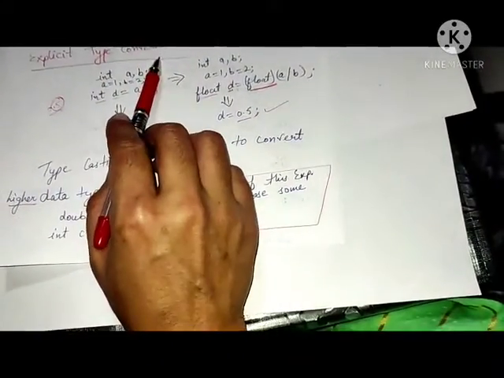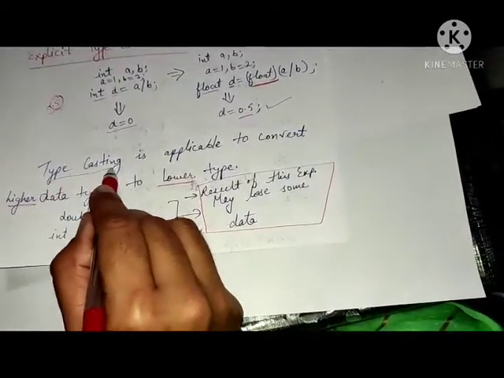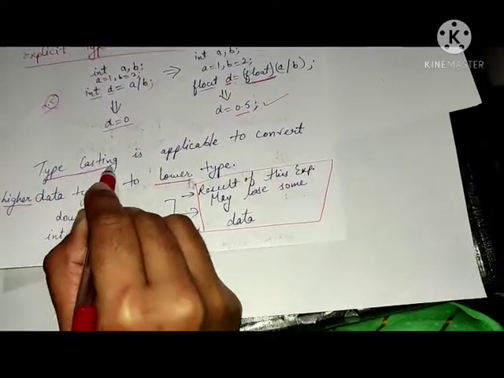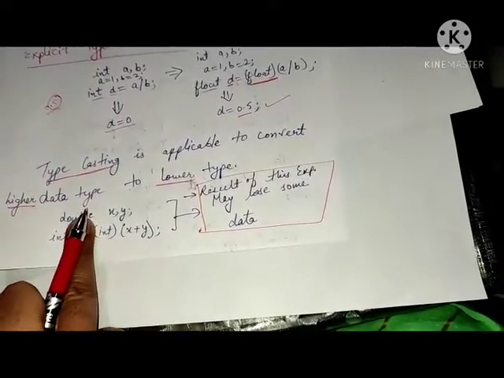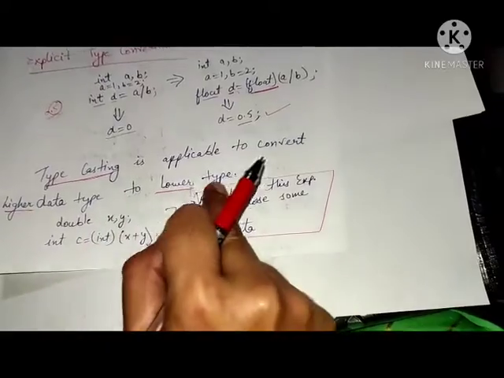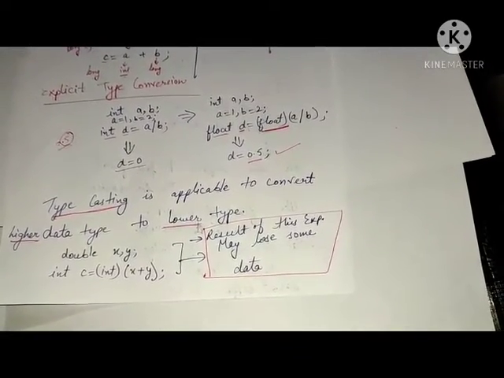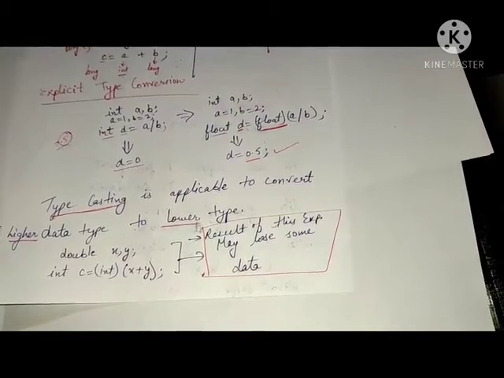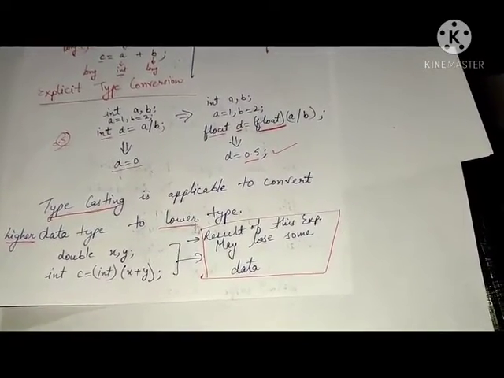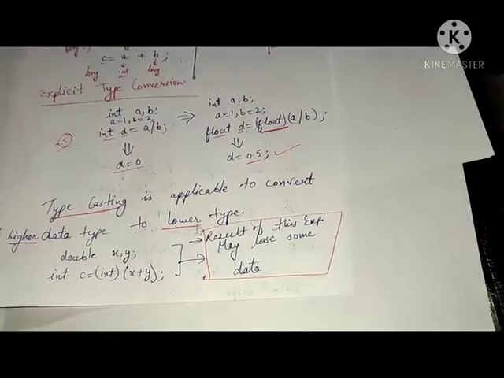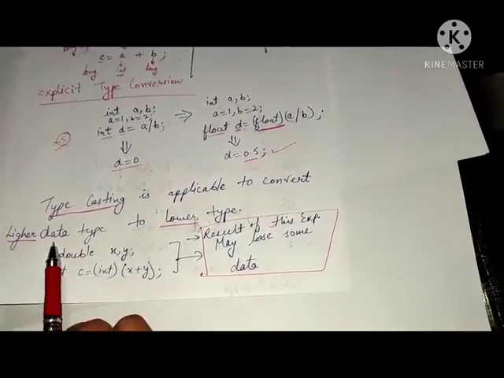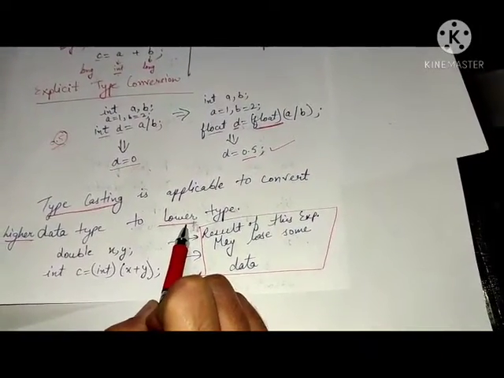Explicit type conversion is also called typecasting. It is applicable to convert higher data type to lower type. In implicit type conversion, always lower data type is converted into higher data type. But in explicit type conversion, we can convert higher data type into lower type.